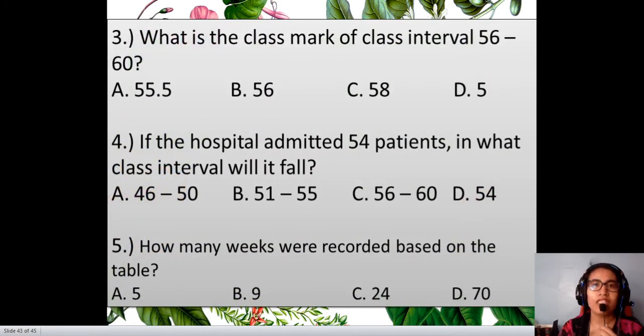Third, what is the class mark of class interval 56 to 60? Fourth, if the hospital admitted 54 patients, in what class interval will it fall?